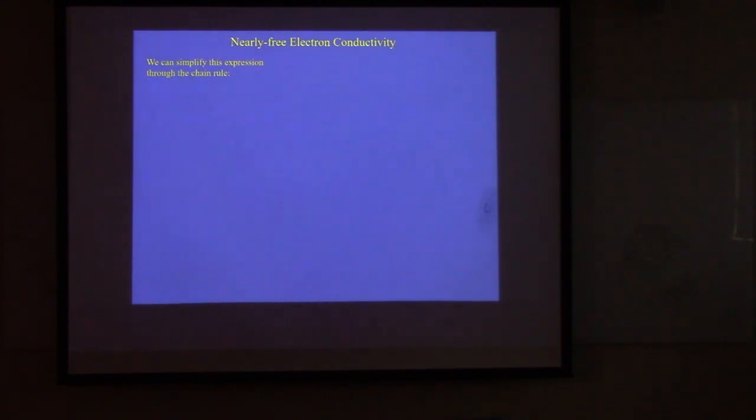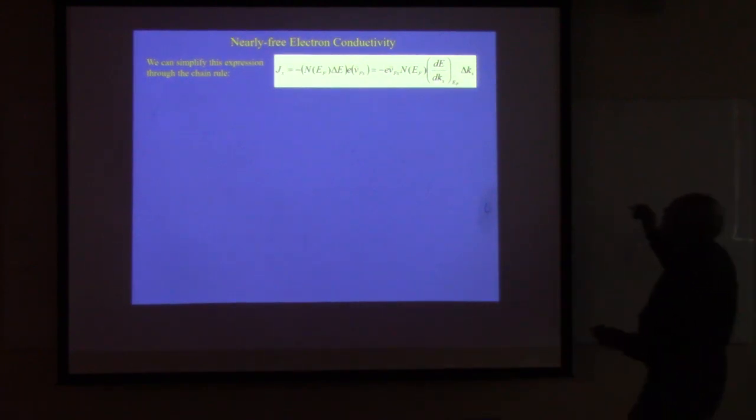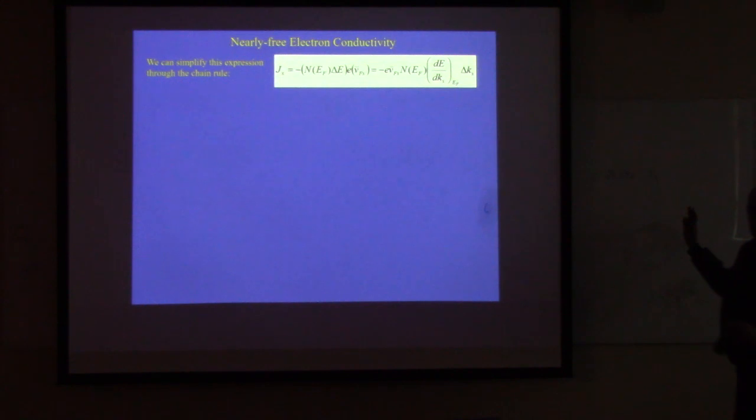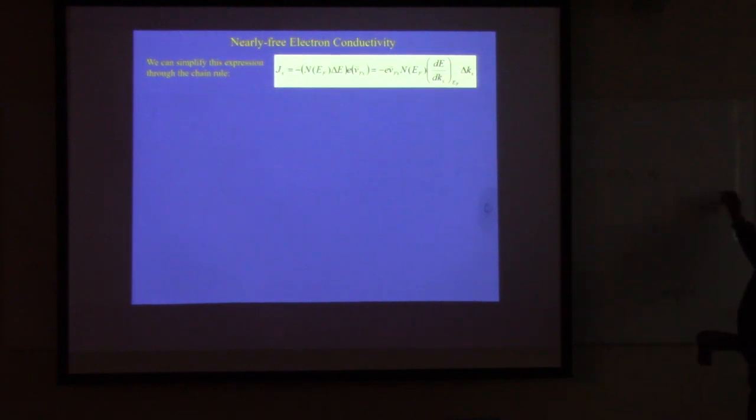So J is N(EF) times e times vF, the x component, since it's only the one-dimensional case. vF, if you remember, vg is given as 1 over ħ dE over dk, right?